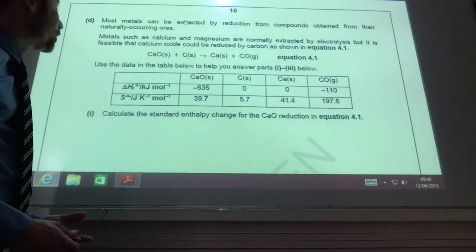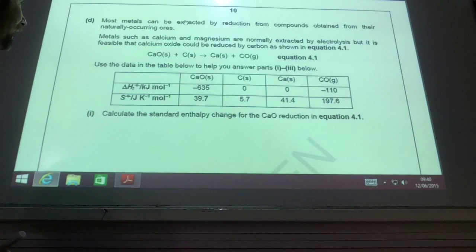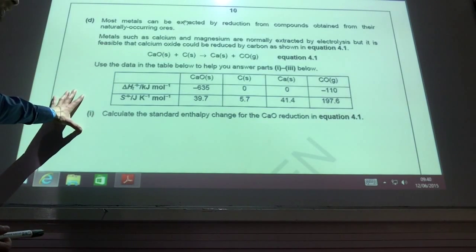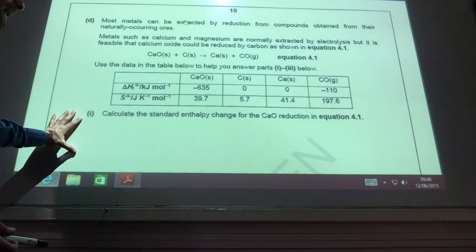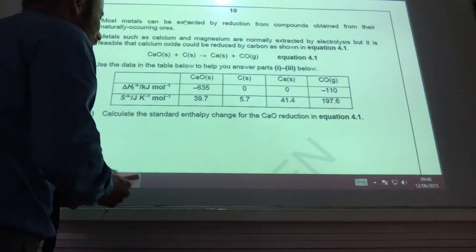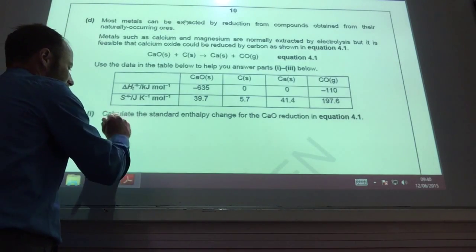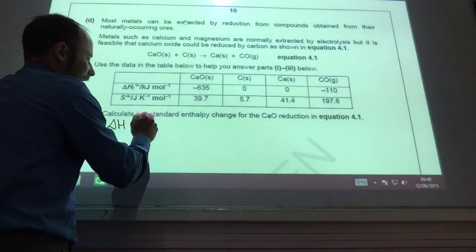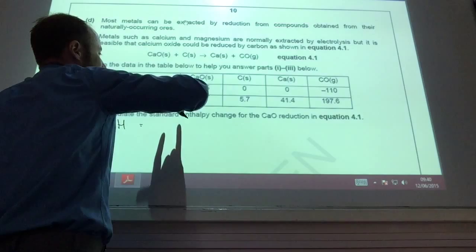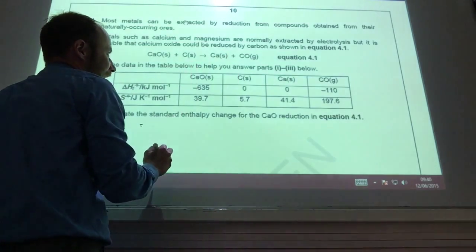Right, so we'll move on to part D now, and it gives me an equation, gives me some data, and it wants me to calculate the standard enthalpy change for calcium oxide reduction from this equation. So delta H is going to equal the sum of the formation of the products minus the reactants.